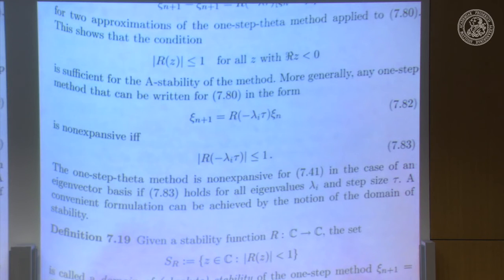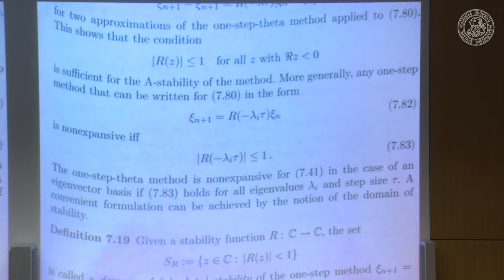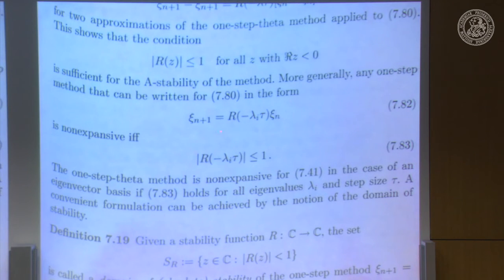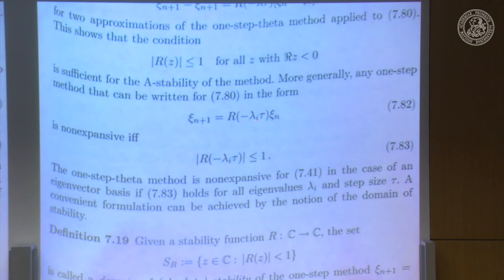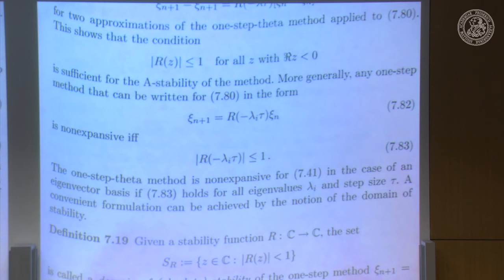This is the requirement we have, and particularly for our eigenvalues, if we now look specifically at a matrix problem, then we can restrict ourselves to the eigenvalues. But of course we have to keep in mind we are thinking here about space discretizations.